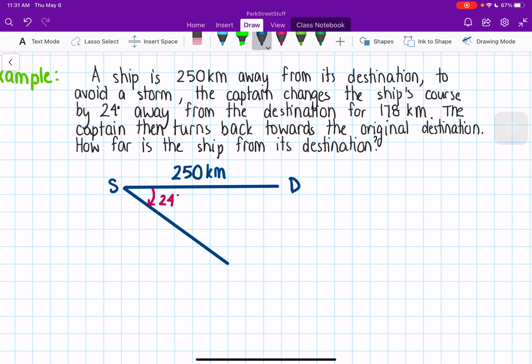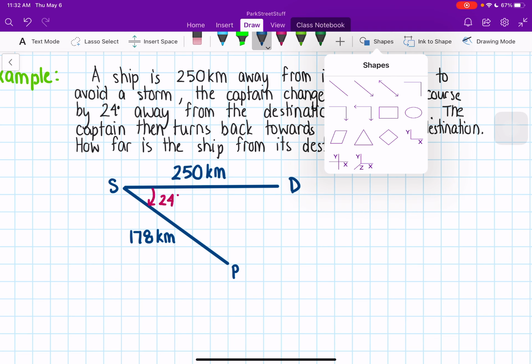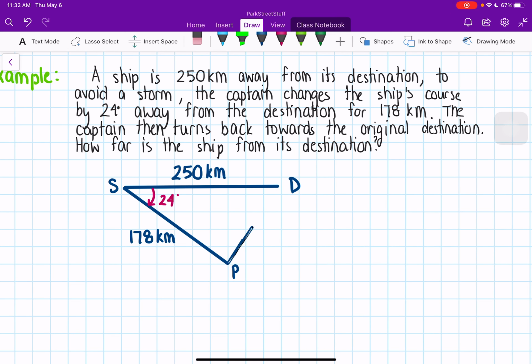And then he travels that route for 178 kilometers, at which point, after that 178, the captain's going to head now back towards that destination. So what we want to know is, what is that distance that they have to travel? So how far is the ship now?